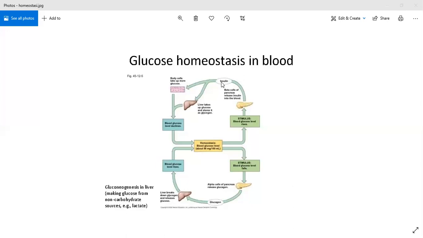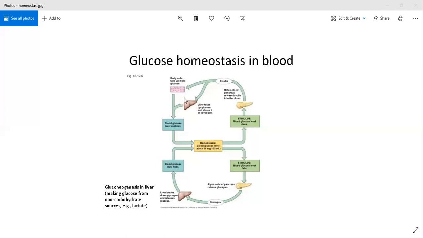insulin causes the conversion of that excess glucose into what we call glycogen. Insulin causes the conversion of glucose to glycogen. Remember, we said that it is the amount of blood glucose that is high, hyperglycemia. So insulin now converts the excess of that glucose into what we call glycogen, and that glycogen is stored in the liver.